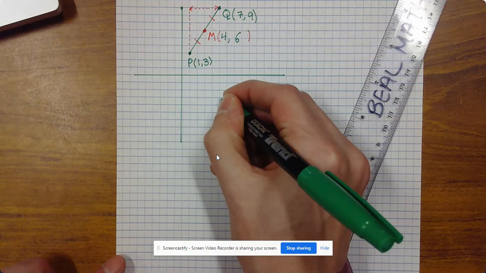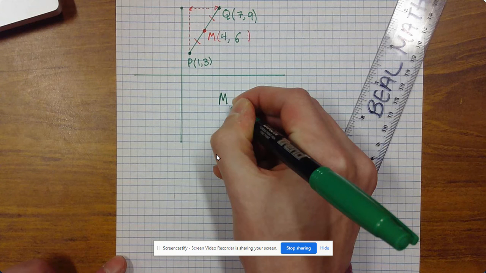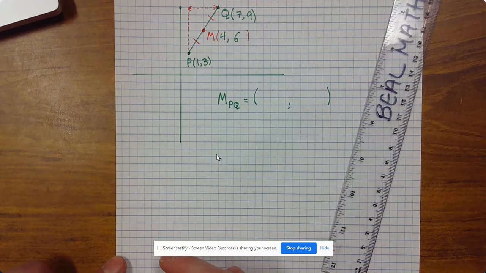So I'm going to develop a formula for the midpoint of PQ. And again, this subscript or label beneath the M says this is the midpoint for line segment PQ. What I'm going to do is develop a formula to figure out the halfway point between P and Q. Well, the first thing is my x coordinate has to be halfway between the two x's.